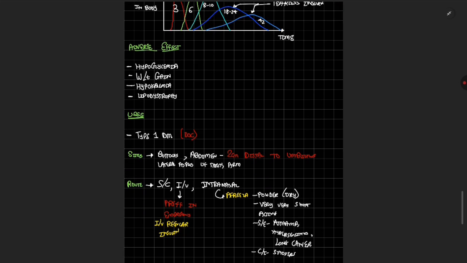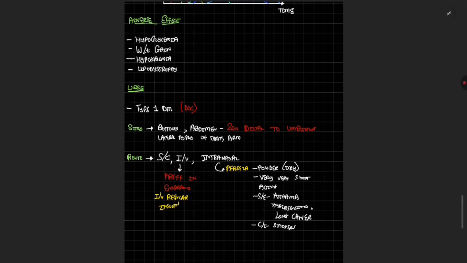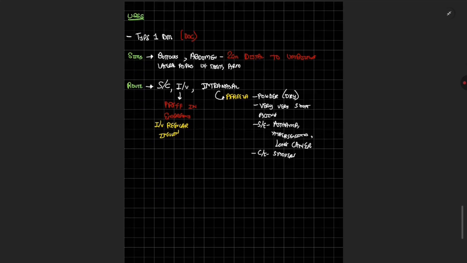Then we studied the adverse effects of insulin: hypoglycemia, weight gain, hypokalemia and lipodystrophy. For uses, type 1 diabetes mellitus, drug of choice. Then the various sites and the routes: subcutaneous, intravenous and intranasal. So this was all about insulin, and in the next video we will learn about the oral hypoglycemic drugs.